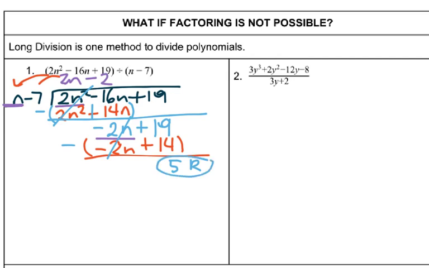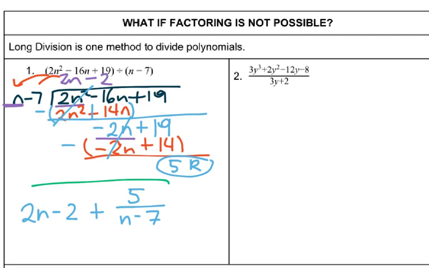The way we write the answer to this problem, you take your answer, which is 2n minus 2, and you're going to add the remainder over the divisor. This is the answer by dividing two polynomials together.